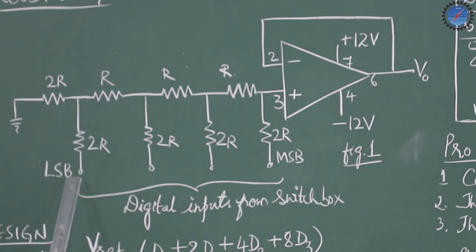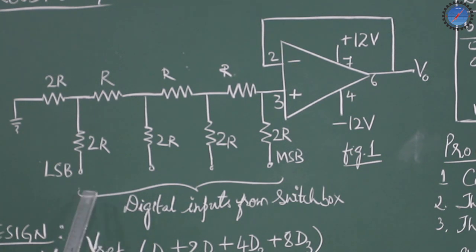And we have got 4 inputs here, V0, V1, V2, V3. V0 is the LSB and V3 is the MSB. You can apply both high and low inputs.